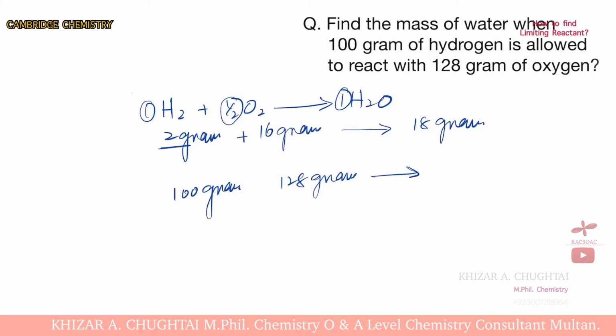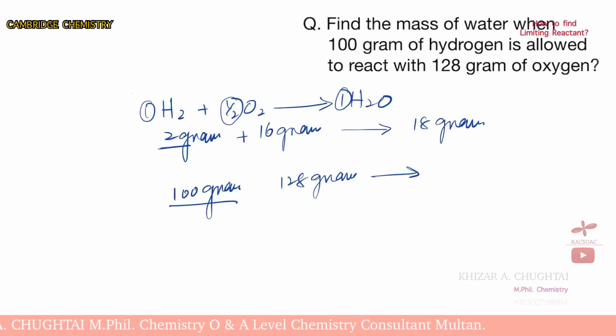The first step was to write the balanced equation. The second step is to write the same values from the balanced chemical equation.